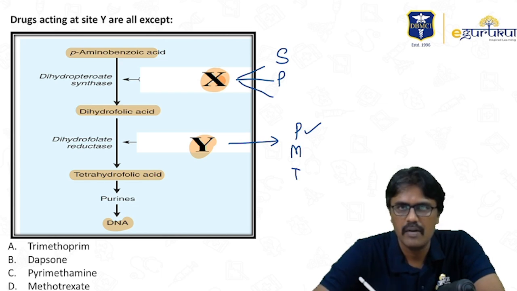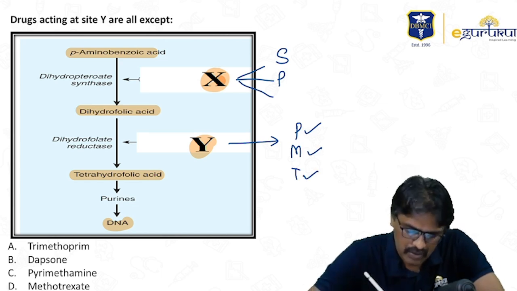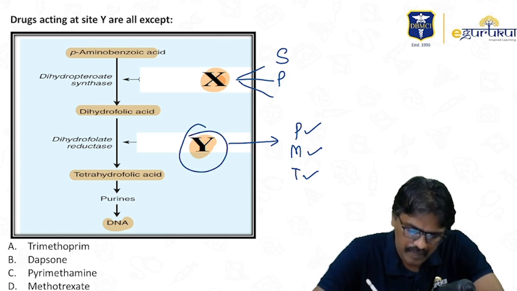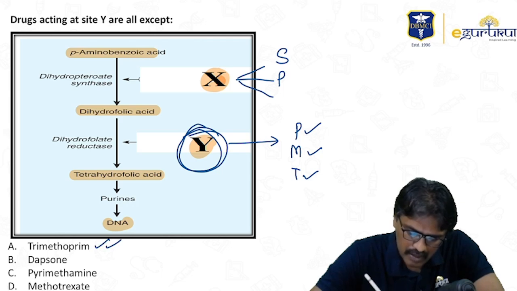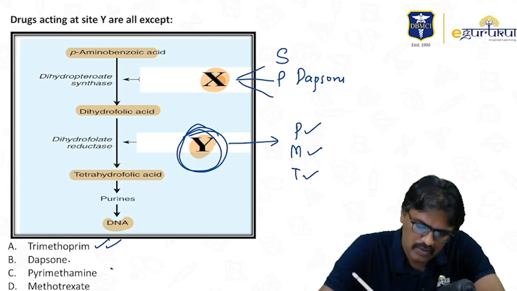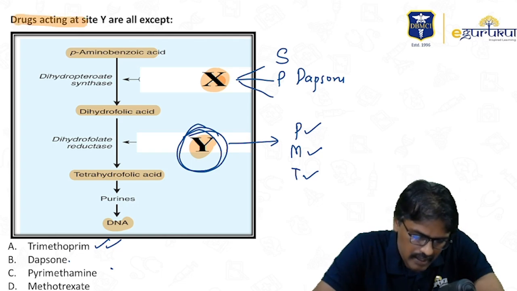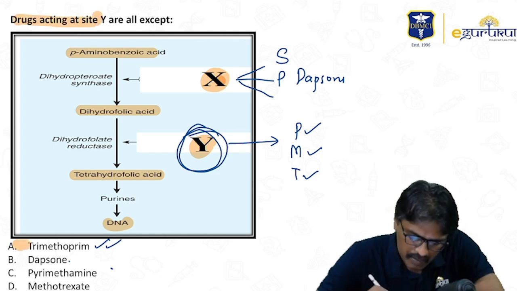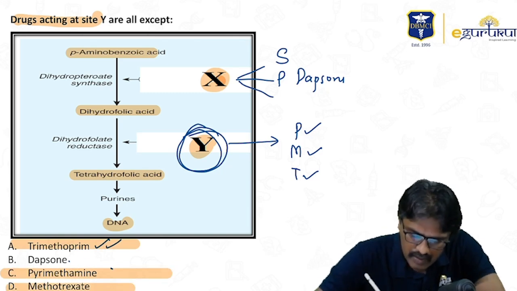P stands for pyrimethamine, M for methotrexate, T for trimethoprim. So the drug which inhibits this path is trimethoprim. Now what about dapsone? Dapsone inhibits this step. Pyrimethamine inhibits this. So they have asked this question, read carefully. Drugs acting at site Y are all. So trimethoprim will act, pyrimethamine will act, methotrexate will act. So which is the only drug which will not work?